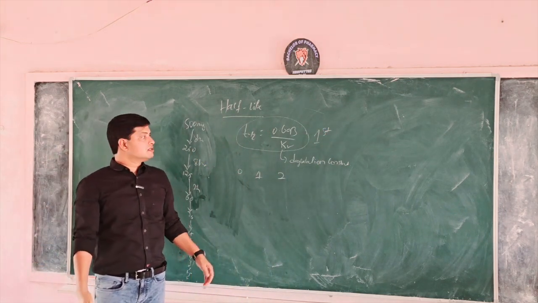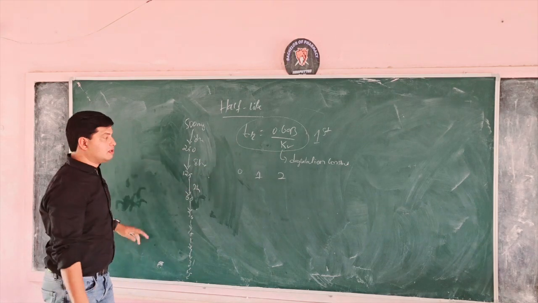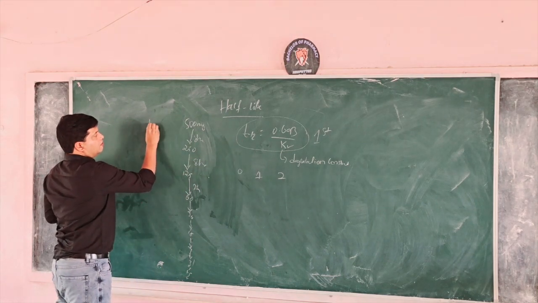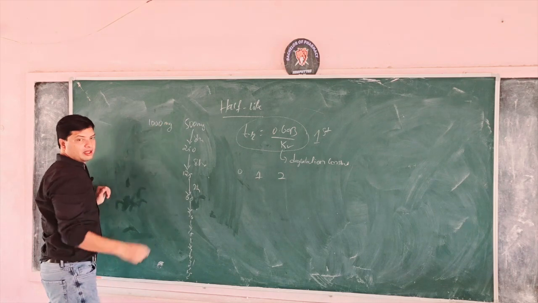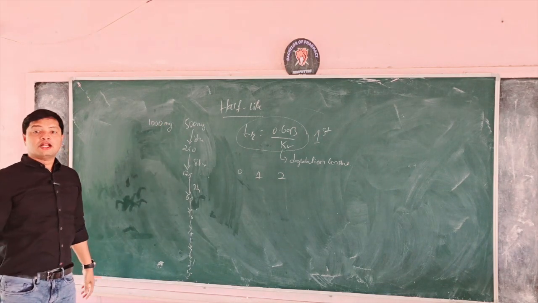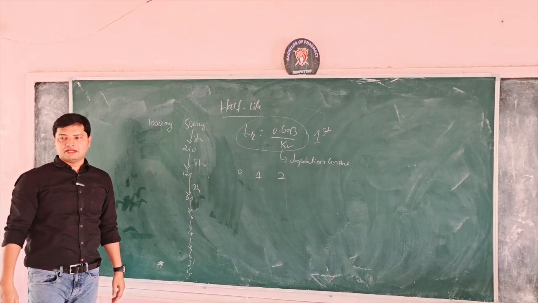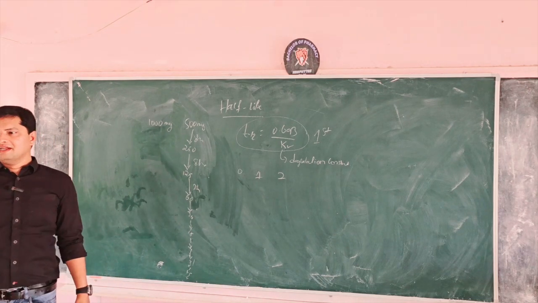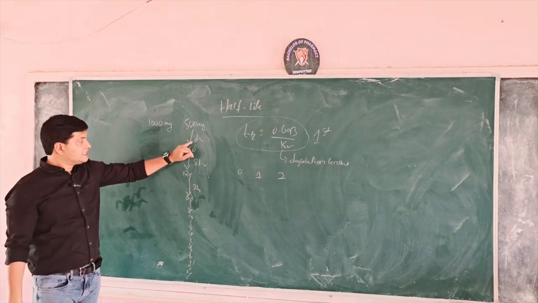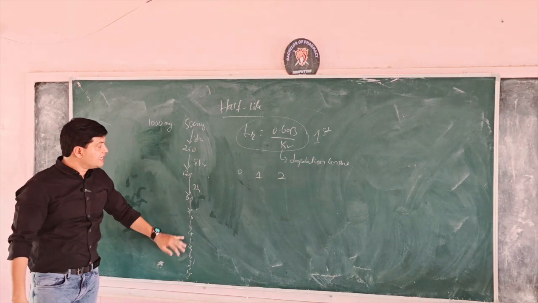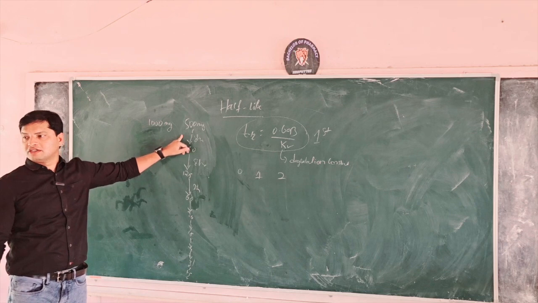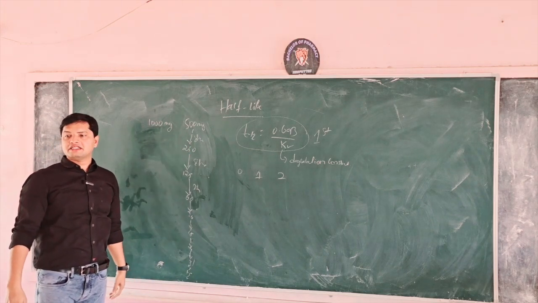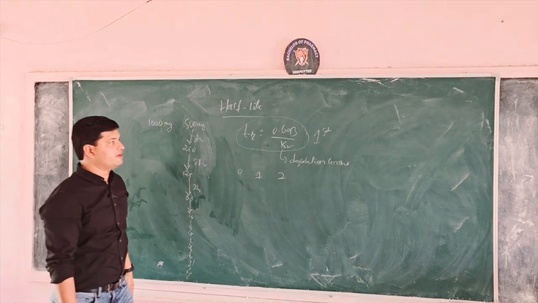See, I will double the concentration. Now tell me how many cycles it will take. 10. So, what does it mean? The degradation of drug is independent of initial concentration.